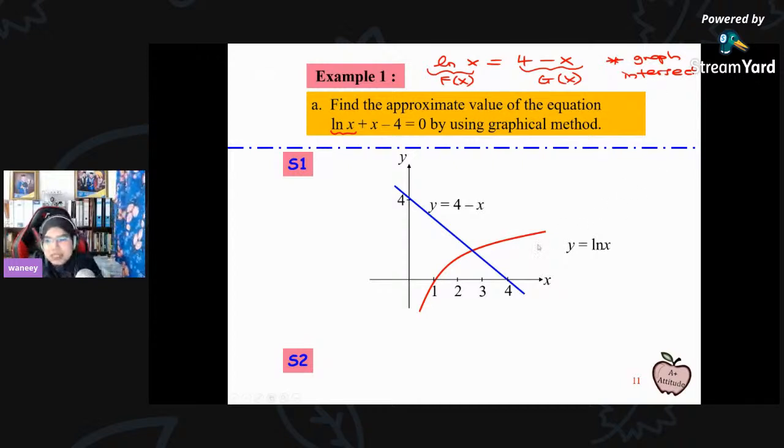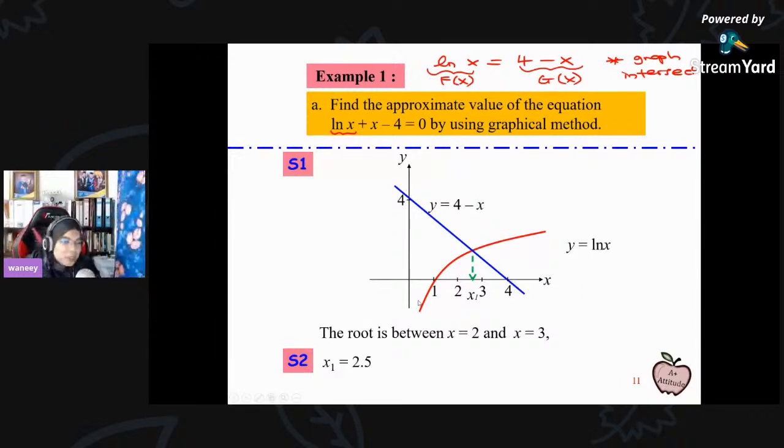The graphs intersect over here, right? And where is that point? The point is somewhere in between 2 and 3. So I will say that the root is in between x equal to 2 and x equal to 3. My initial approximation for this value is perhaps around 2.5.